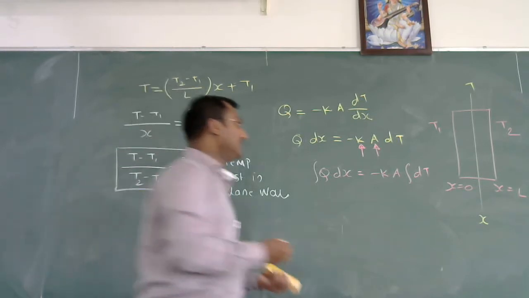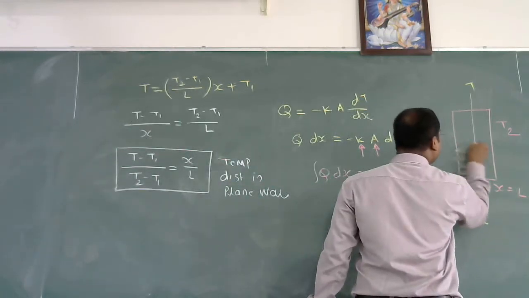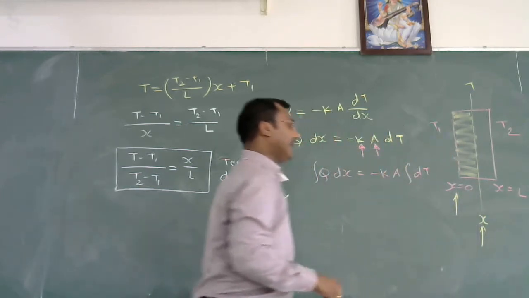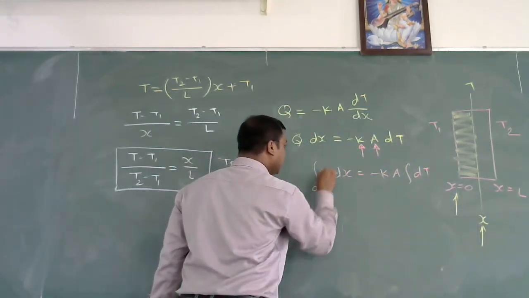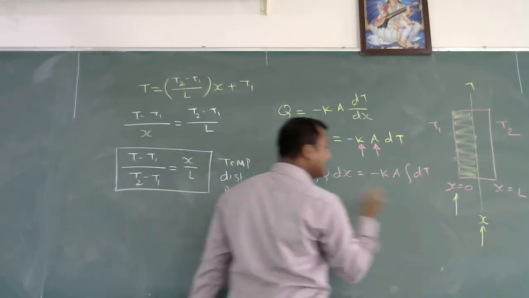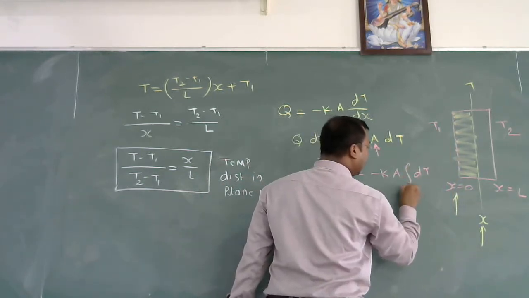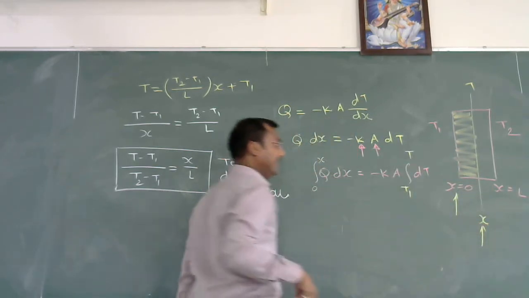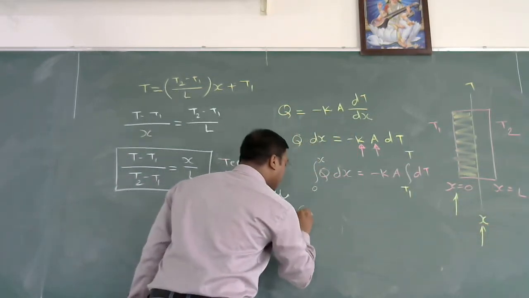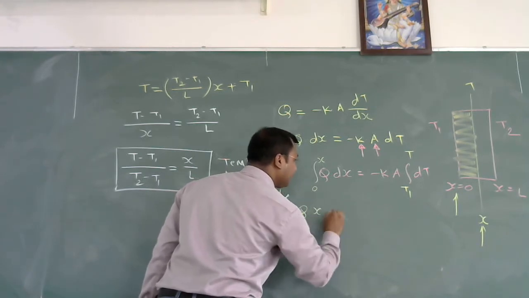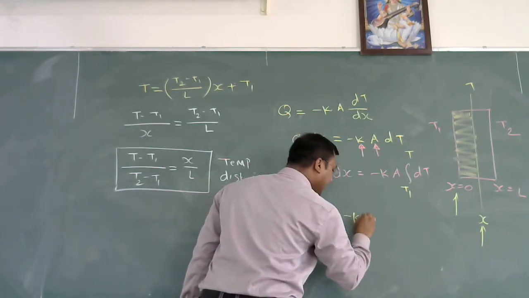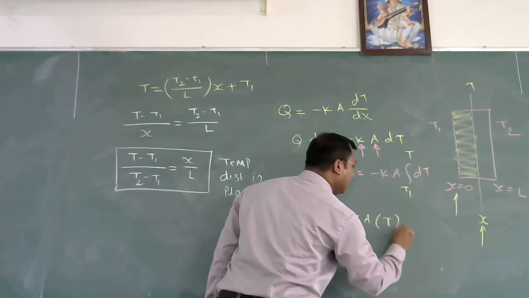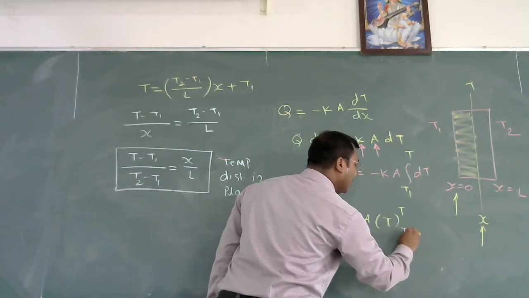What will be the limits of this integration? I am interested from x is equal to 0 to x is equal to x. Similarly, at x is equal to 0, the temperature was T1, and at x is equal to x, the temperature was T. So if I solve this, Q into x is equal to minus K into A, upper limit T, lower limit T1.